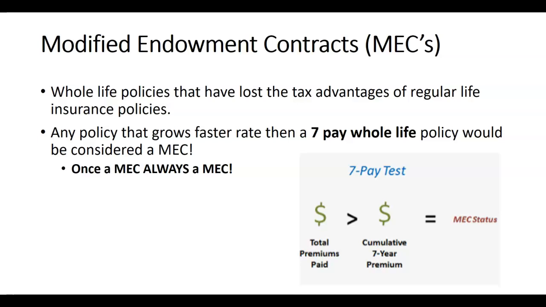So the next kind of special life insurance that we have is modified endowment contract, or MEC. Once a MEC, always a MEC. So what is a MEC? What does that actually mean? It's a whole life insurance policy that has already lost the tax advantages of a regular life insurance policy.